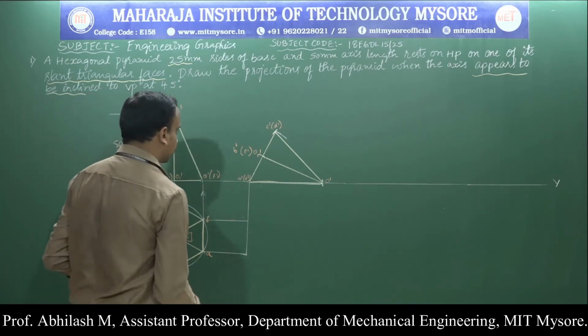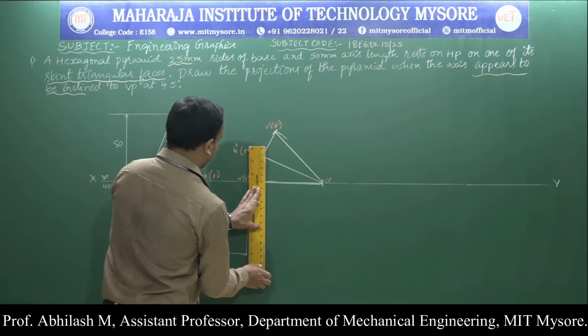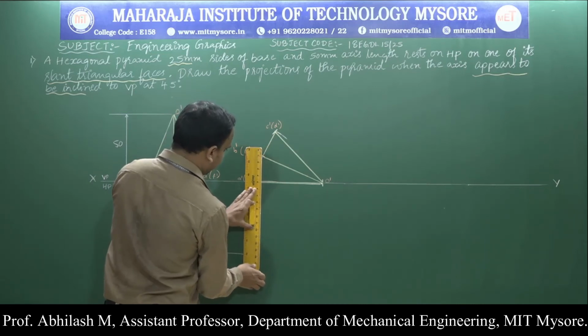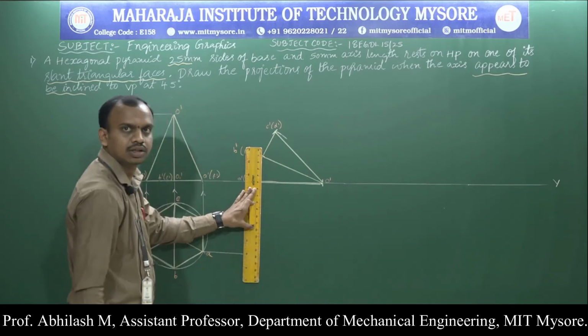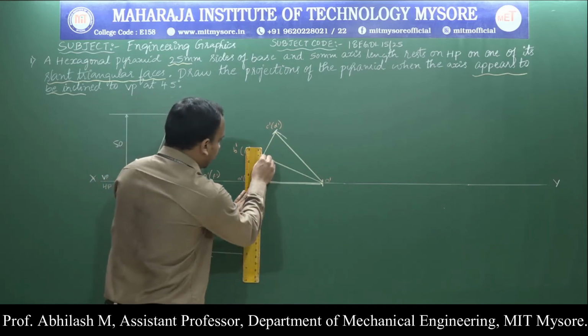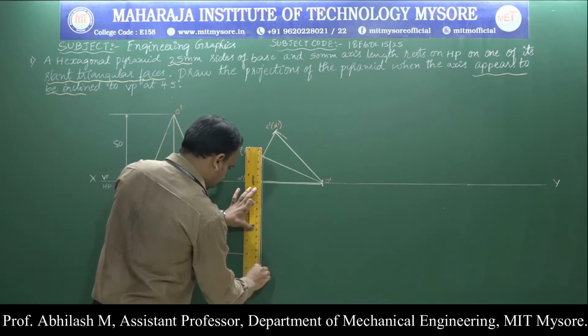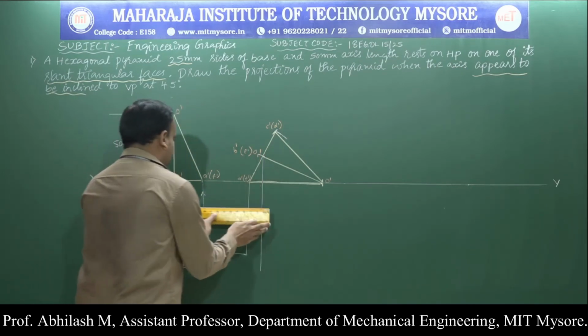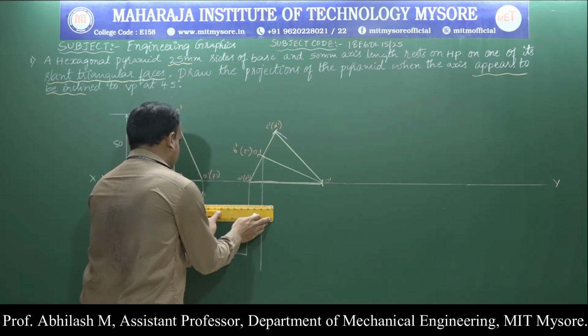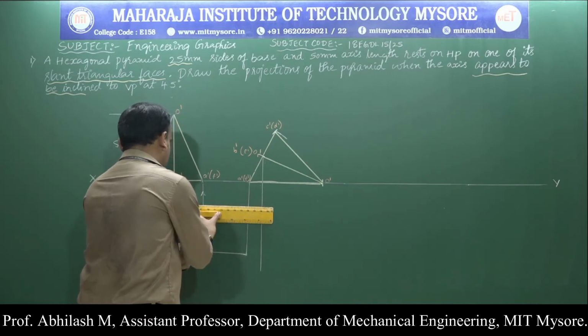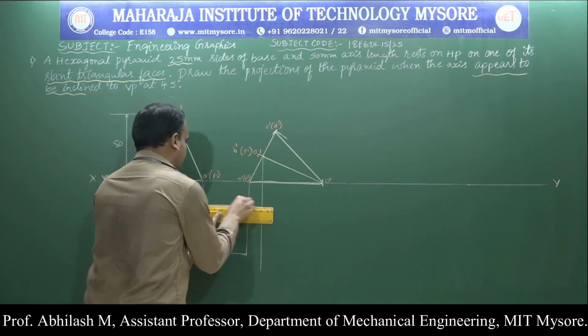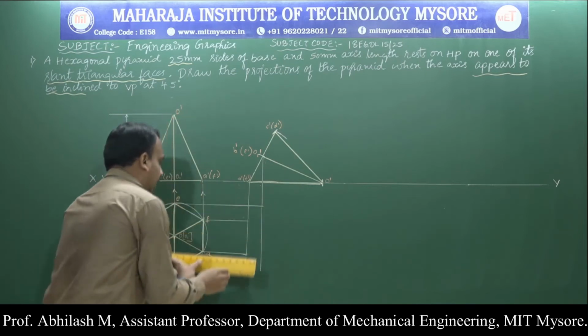Next we are supposed to go with B' E', B' E'. So we'll draw a line, B' E'. So now draw from E' also, from E, a projection line until it intersects E'.